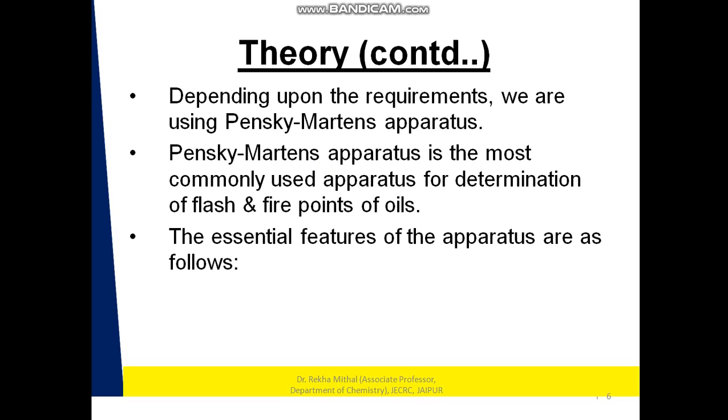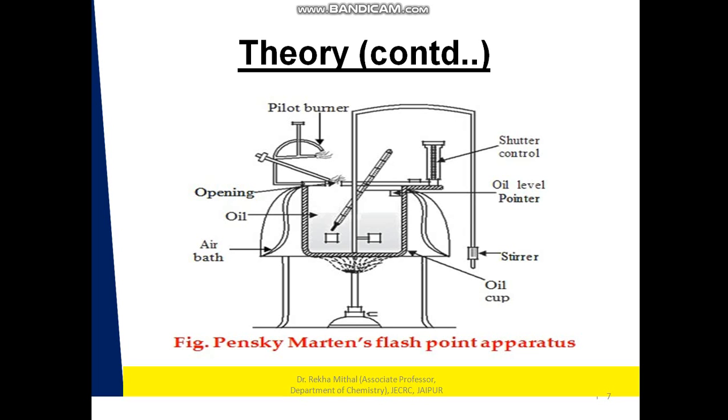Depending upon the requirement, we are using the Pensky-Marten apparatus for this experiment. It is the most commonly used apparatus for determination of flash and fire point of oils. The essential features of the apparatus are as follows. This is the diagram of the Pensky-Marten apparatus.